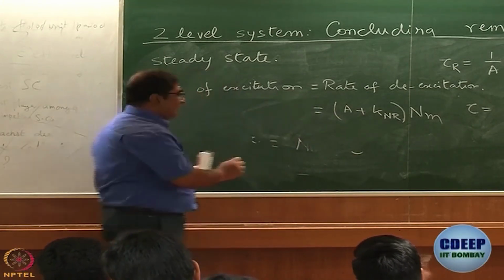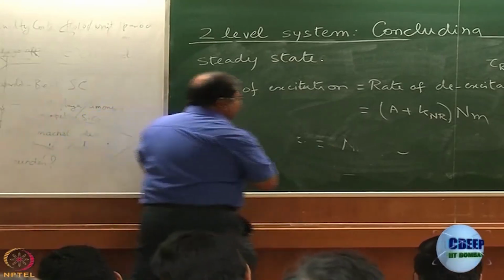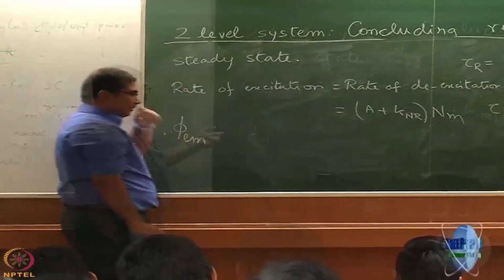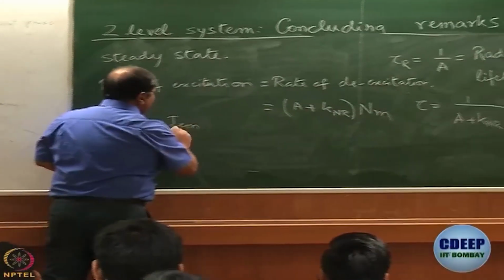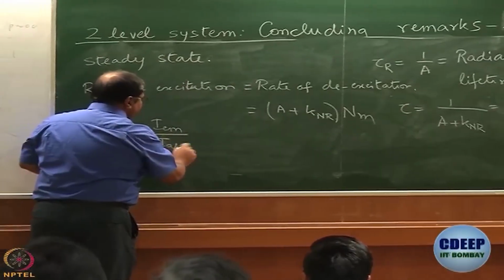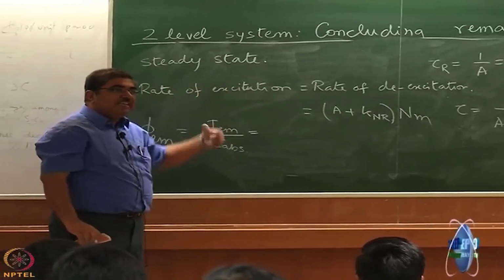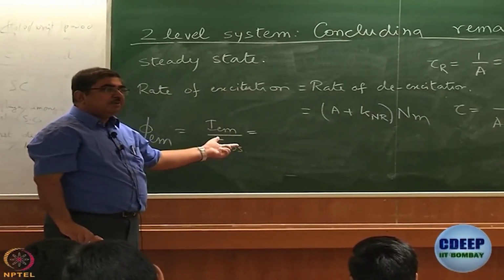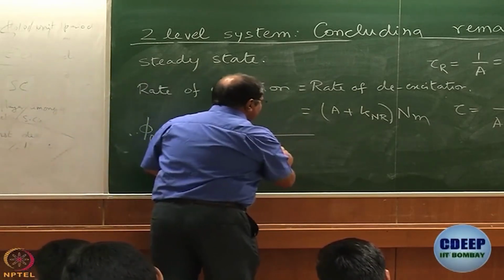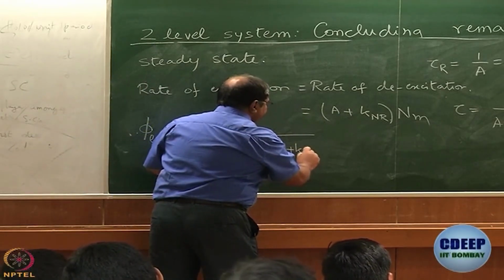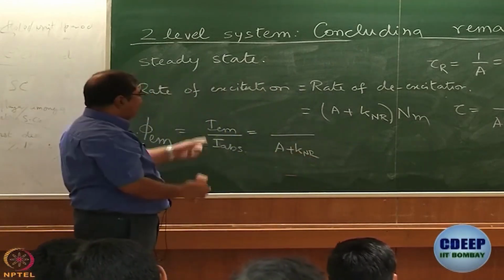Okay, now I bring you back to something familiar, something we had written earlier. What is emission quantum yield? IEM by IABS. Can I not call this rate of emission divided by rate of absorption? Right? So rate of absorption I know already. It is A plus KNR, or 1 by tau, you can say. What is this IEM?